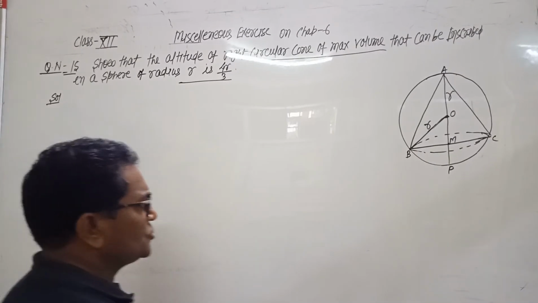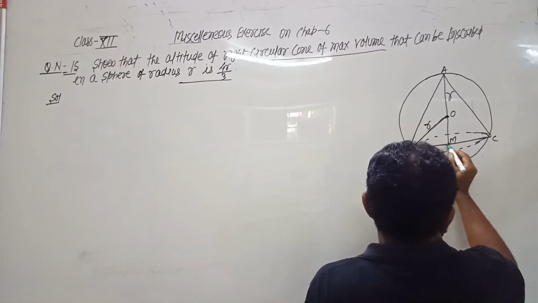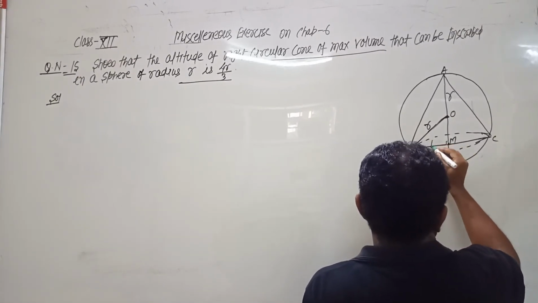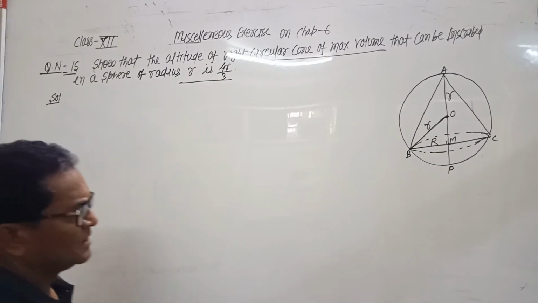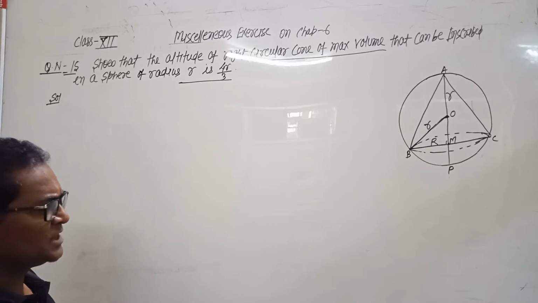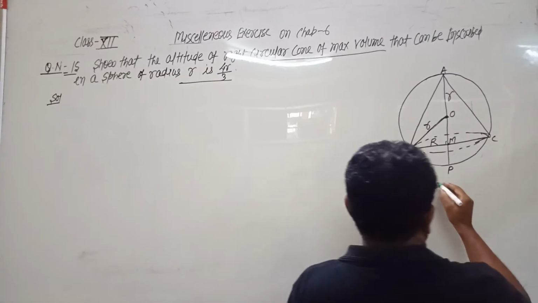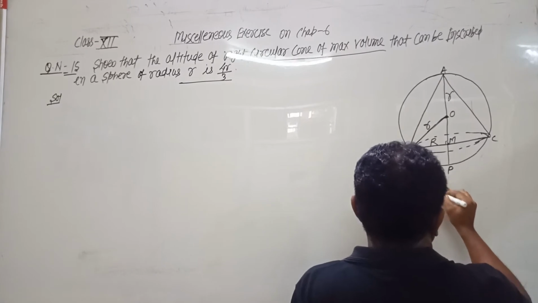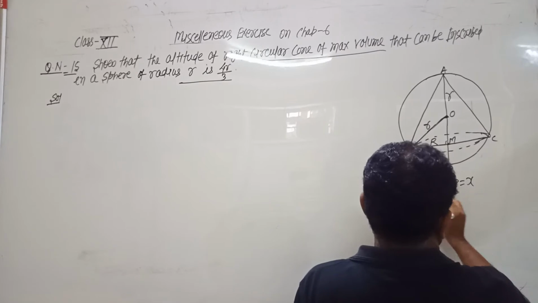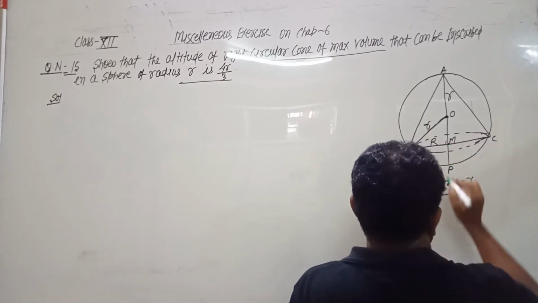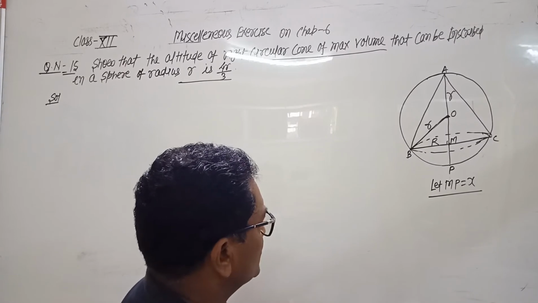And suppose the radius of the right circular cone is capital R. So let MP equal x. This distance MP we have supposed equals x.